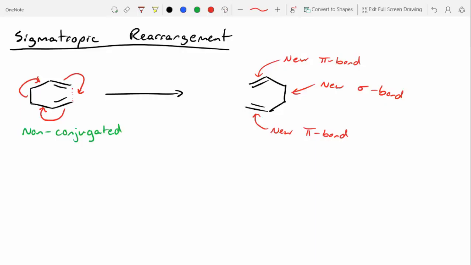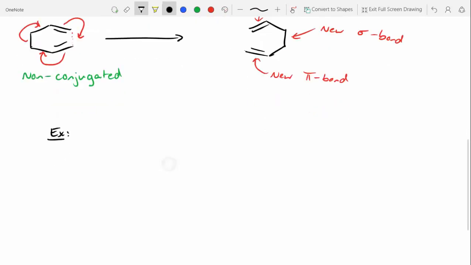The question is, how do we know that these reactions actually occur? Well, let's take an example. Let's say we've got a fluorine here and a fluorine here.